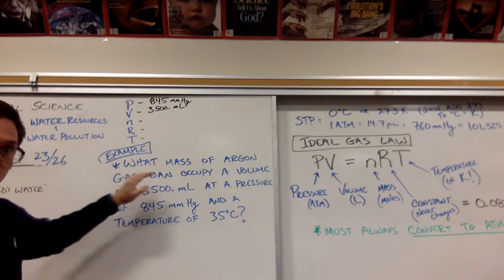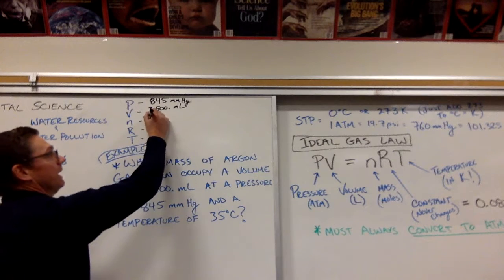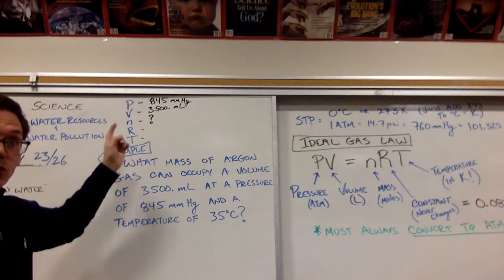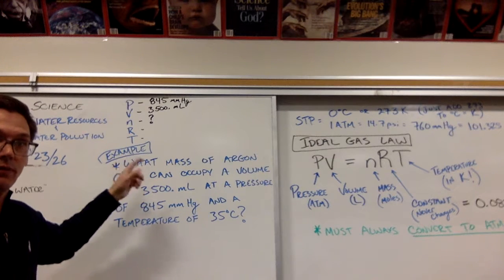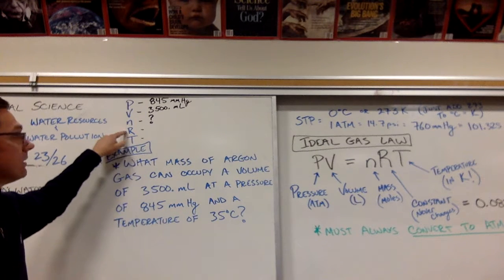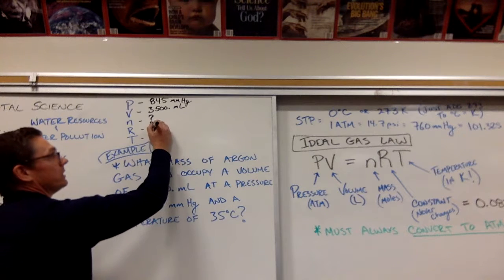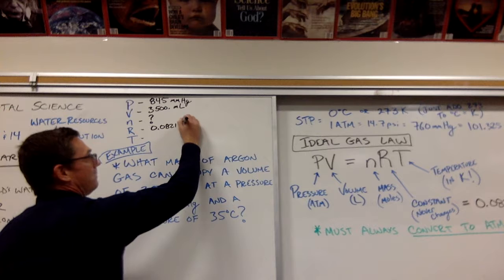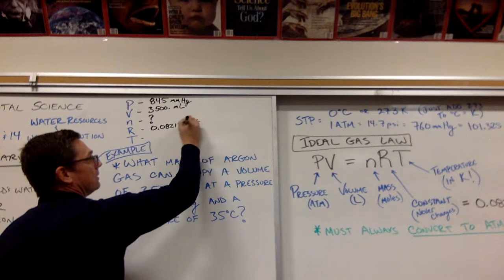And what is it asking for? What mass? Okay, so we don't have mass. Remember, mass is always in moles, so we're trying to find out how many moles of argon gas. The R is the constant. This won't change. 0.0821 atmosphere liters over mole Kelvin.